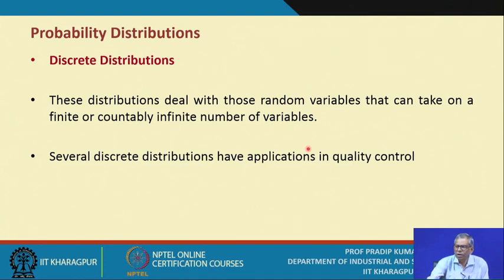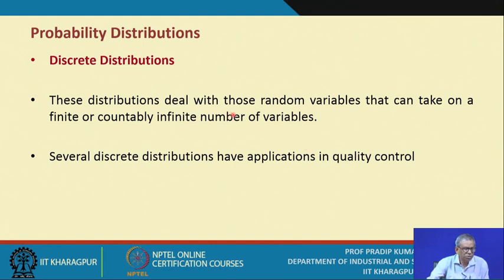We have already mentioned that you need to deal with random variables, either discrete type or continuous type, for quality control and improvement purposes. So for a particular random variable you are dealing with in a given case, you must be aware of what kind of probability distribution it may have.